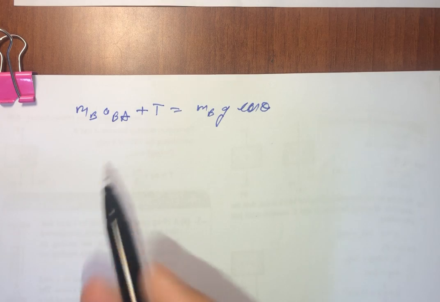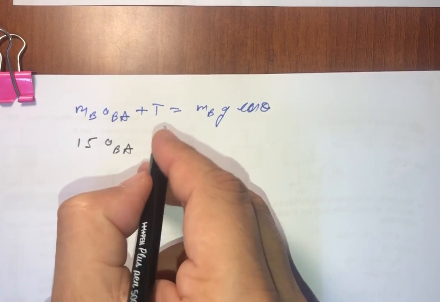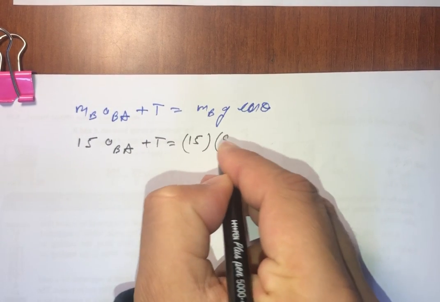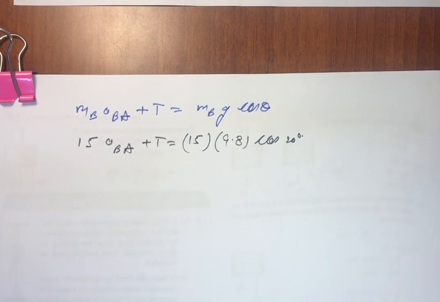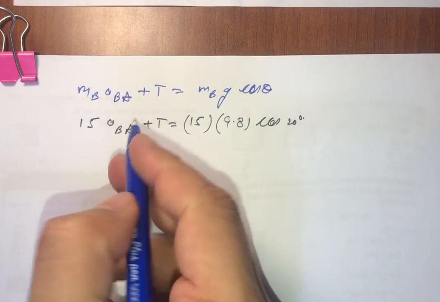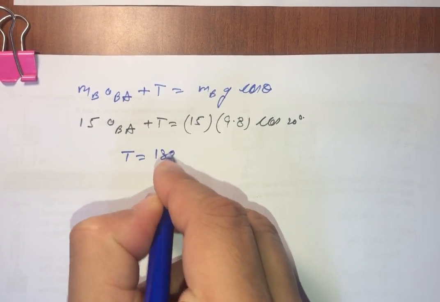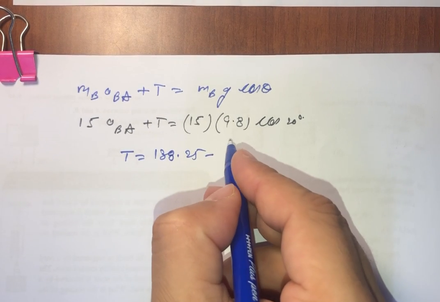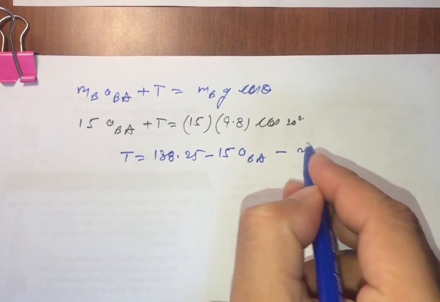We put the values: 15 aBA plus T is equal to 15 times 9.8 times cos of 20 degree. From here our tension T is equal to 138.25 minus 15 aB. Equation number 2.